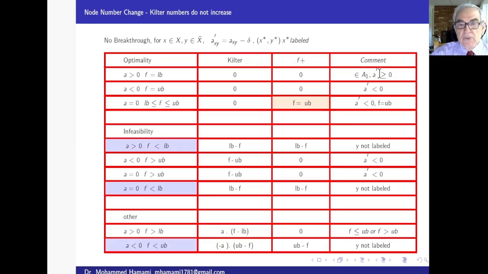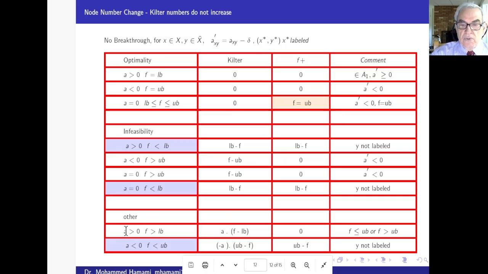And if it belongs to A1, A prime has to be greater or equal to 0. So you go with A prime greater or equal to 0 and F between LB and UB. So if A prime is strictly positive and F bigger than LB, then the new Kilter number will be A prime times F minus LB. But A prime is less than A. All right? So the Kilter number decreases.